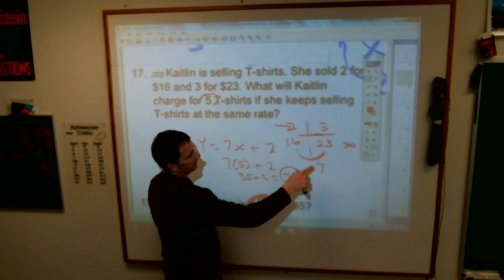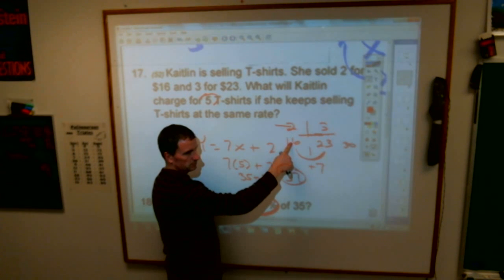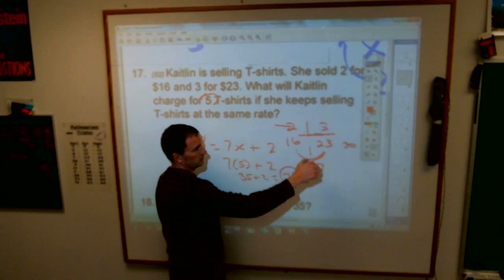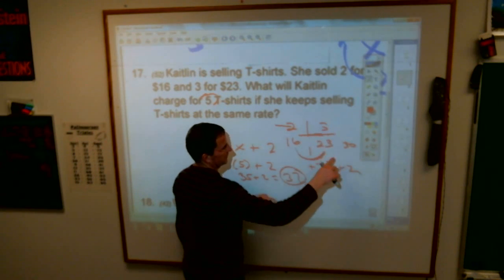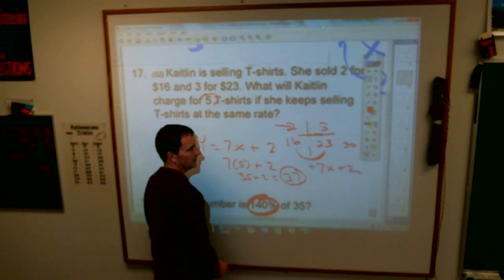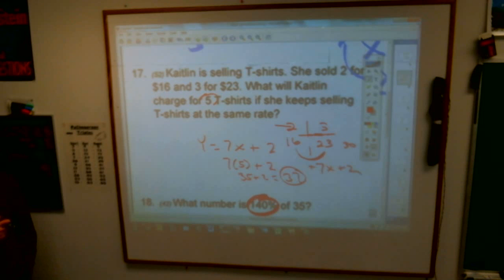Or you'd say, well, if each shirt is $7, 7 times 2 doesn't give you 16. 7 times 2 is only 14, so you'd have to add an extra $2. 3 times 7 is 21 plus 2 is 23. So you could do it without doing that whole slope thing if your mind can think that way, but I'm not 150,000% sure that everybody's got that.